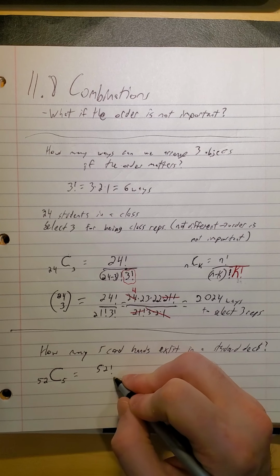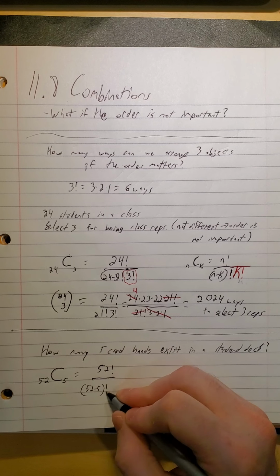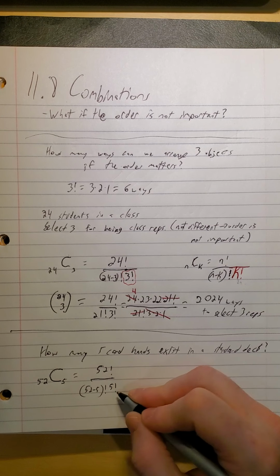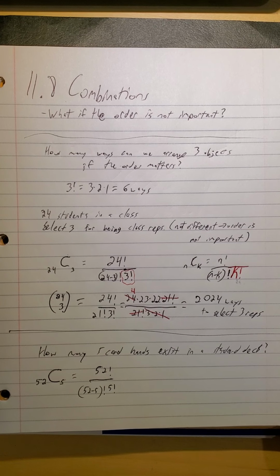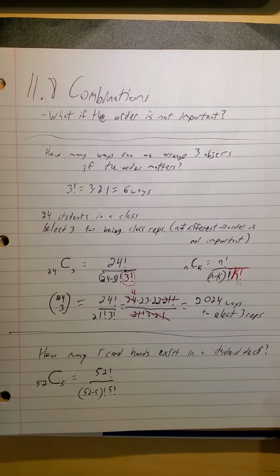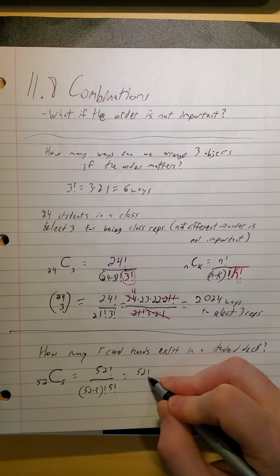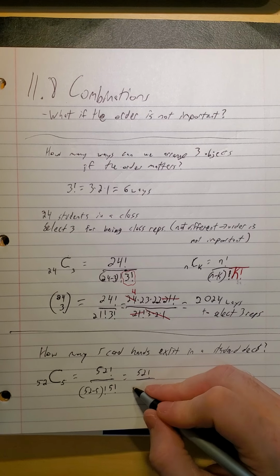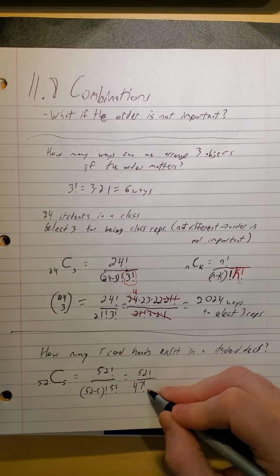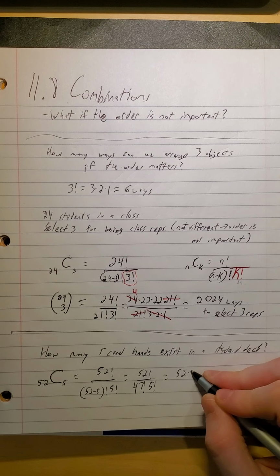So 52 factorial over 52 minus 5, close it up, factorial, and divide by the 5 factorial ways we can rearrange 5 cards in our hand. So 52 factorial over 47 factorial times 5 factorial, and expand it out.